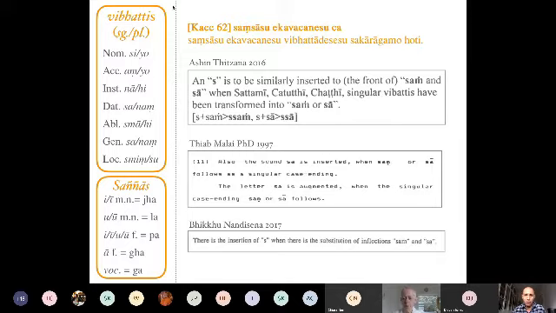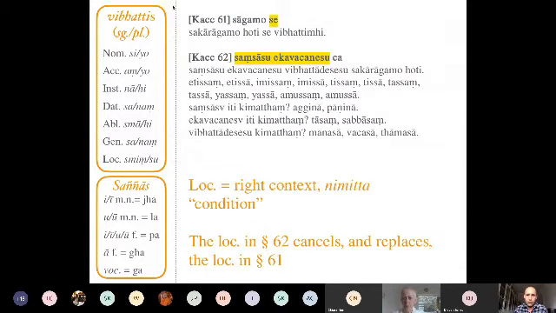The most important thing here to see is that all translations take for granted that in samsasu ekavachanesu cha, you are still reading sakara agamo from the previous rule. So here, what has happened is that from the previous rule, one thing has changed. The locative function has changed.